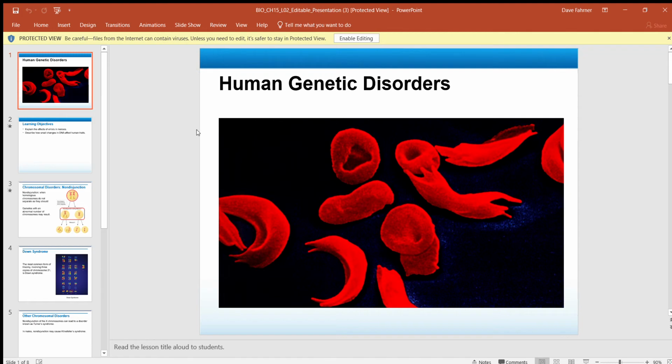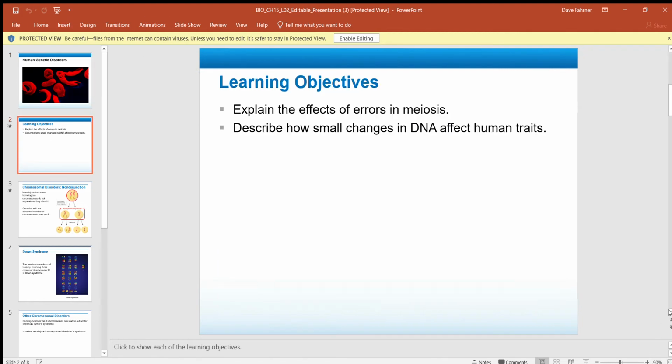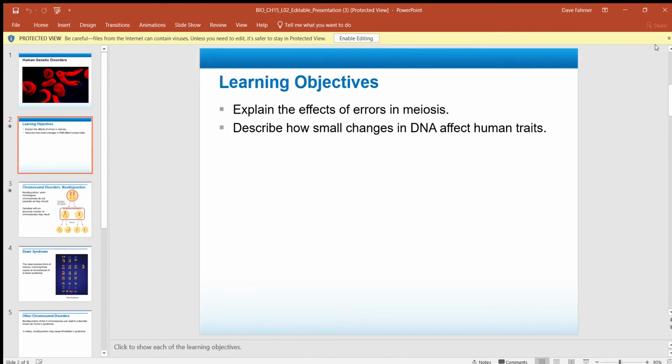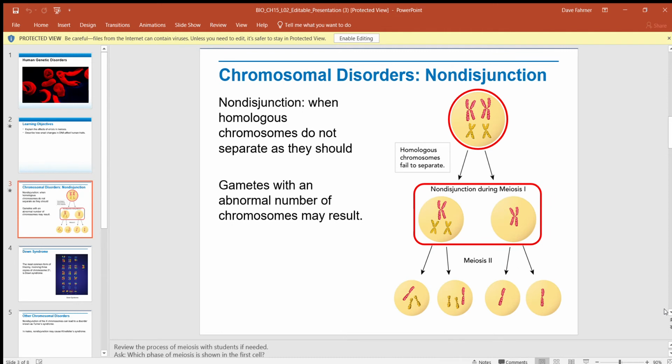In order to do this, what we're hoping to do is explain how that happens through the process of meiosis, hoping that maybe you do remember something about how meiosis occurs, the making of gametes, and then describing how small changes in DNA can affect human traits, which we pretty much already talked about in previous lectures.